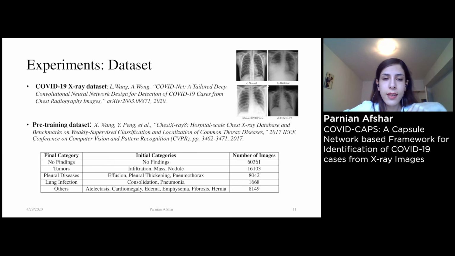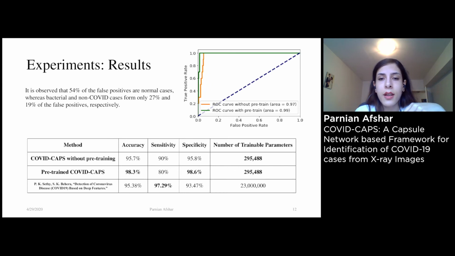As you can see in this table, our pre-trained COVID CAPS reaches an accuracy of 98%, sensitivity of 80%, and specificity of 98%. Our sensitivity is lower than another reference by Sethi and Behera, which uses the same data set and binarizes the labels as we did.